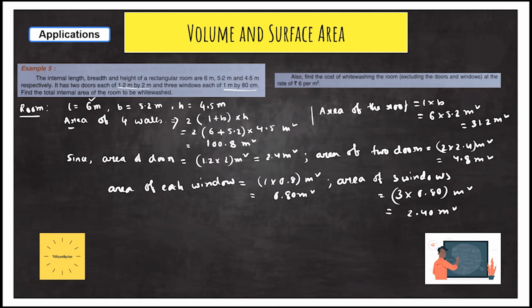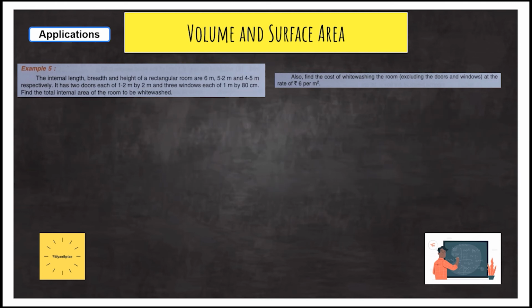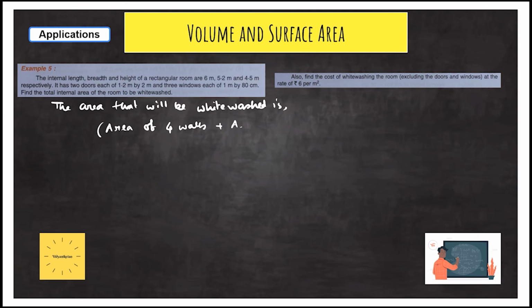So now we are doing the next part. Just see this. Now everything is found out. In the previous slide you will see all the values. Now the total internal area of the room to be whitewashed, the area that will be whitewashed, will be area of 4 walls plus area of roof.